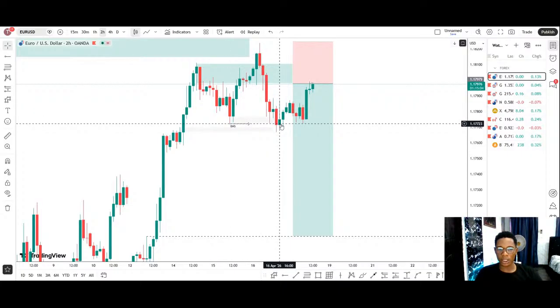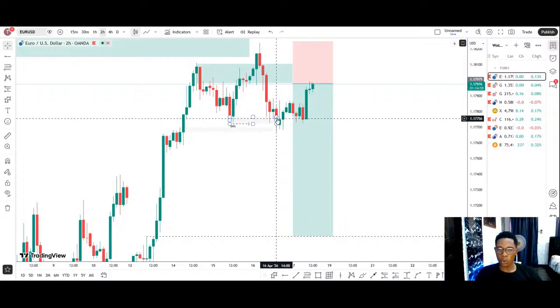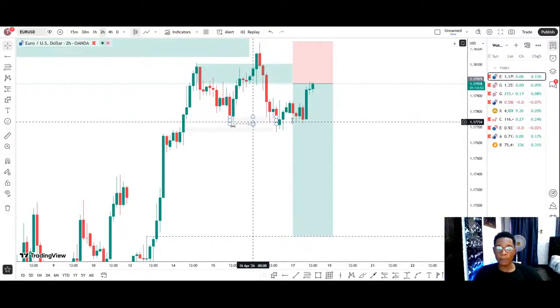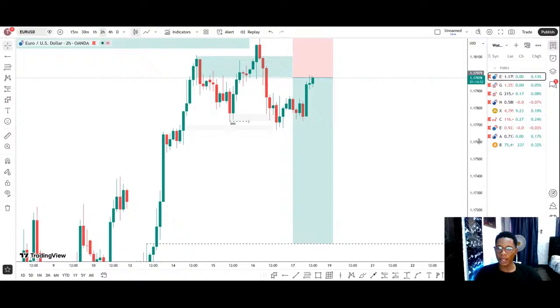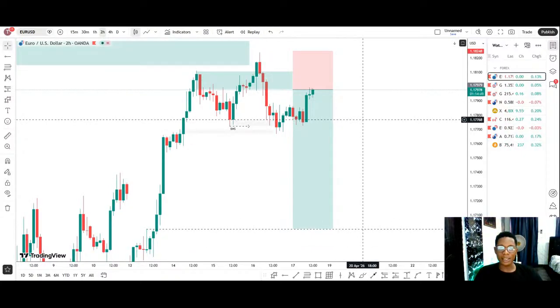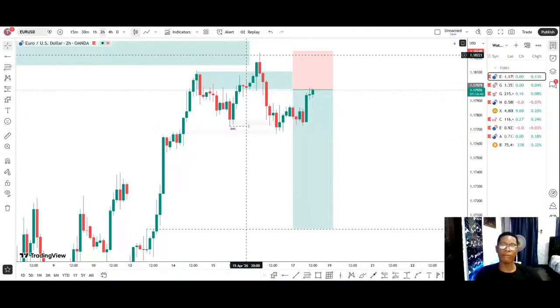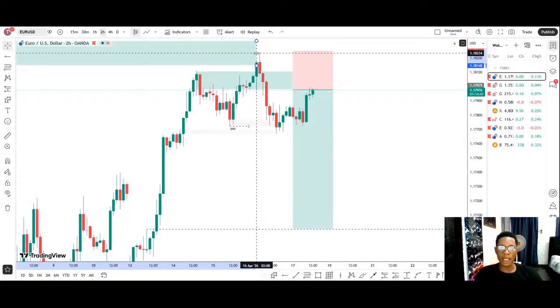It was not a wick that broke below this low. It was this candle that broke this low. So this is a valid break of structure, and this is my new lower low that was formed after price reacted off our daily area of supply level.